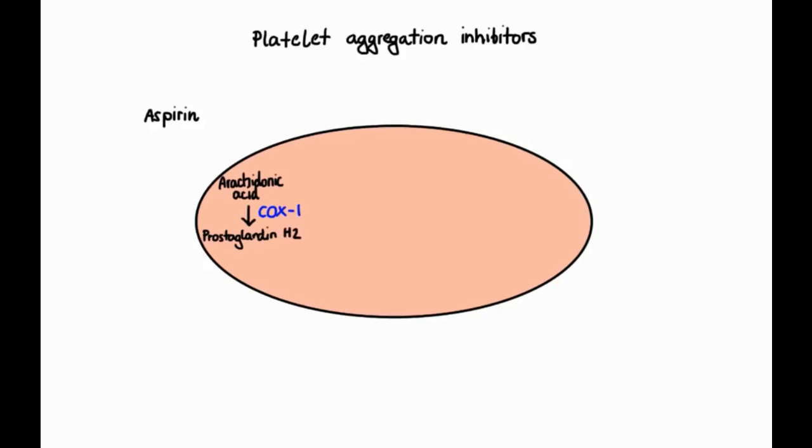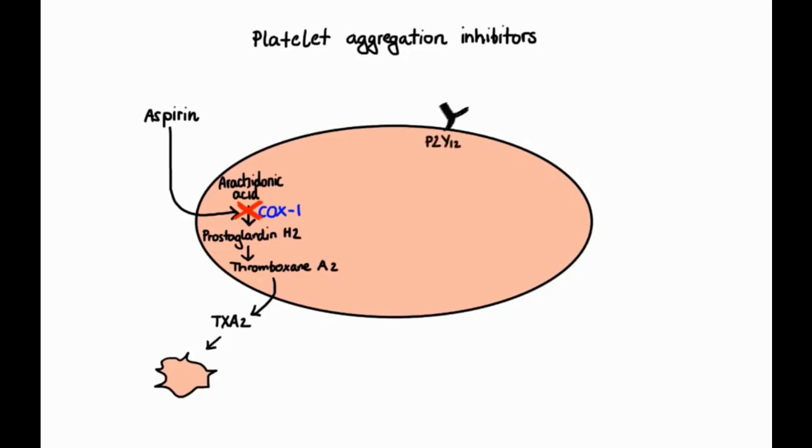So what aspirin does is inhibit the formation of thromboxane by inactivating the COX-1 enzyme. Then we have platelet aggregation inhibitors which work on ADP receptor sites by blocking their action, specifically the P2Y12 subtype. Drugs belonging to this class are clopidogrel, ticagrelor, ticlopidine, and prasugrel.